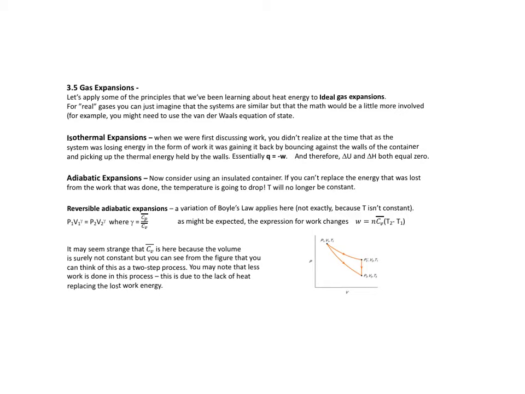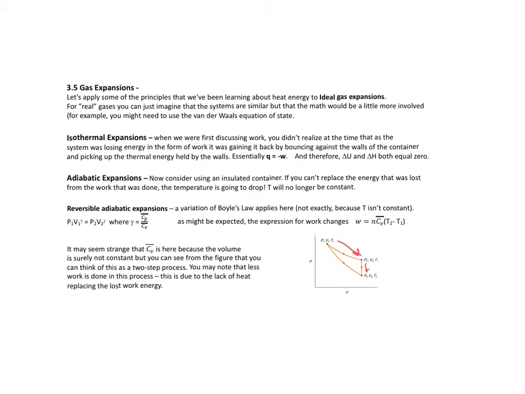Now, if you've been paying attention here, it may seem strange. Why am I using the constant volume heat capacity? Surely the volume isn't constant because I'm doing an expansion. But here we're taking advantage of the definition of a state function. You can see from the figure that you could think of it as a two-step process. You could have an isothermal expansion, then a drop in pressure that changes the temperature.